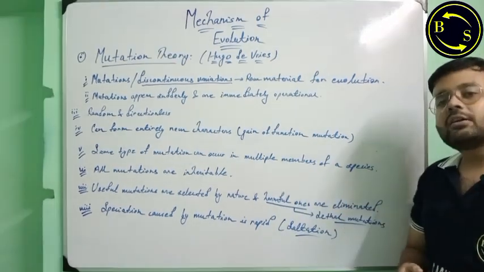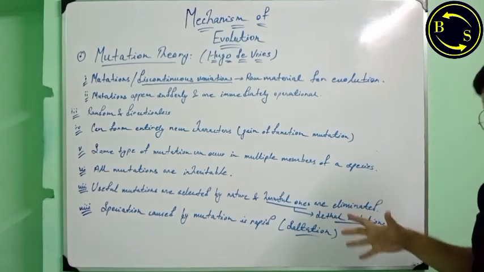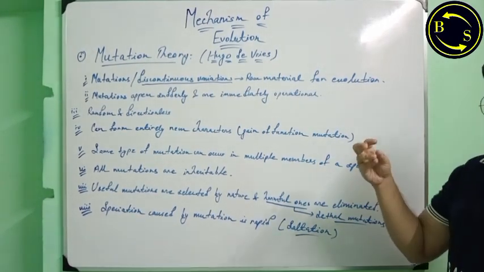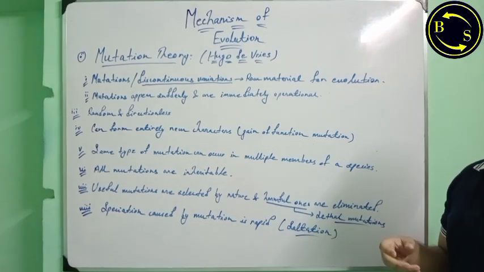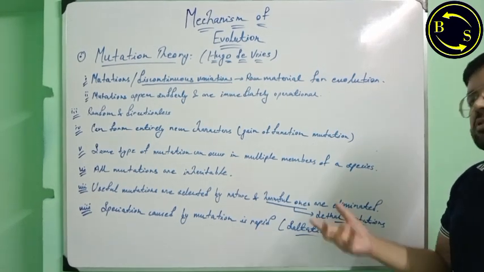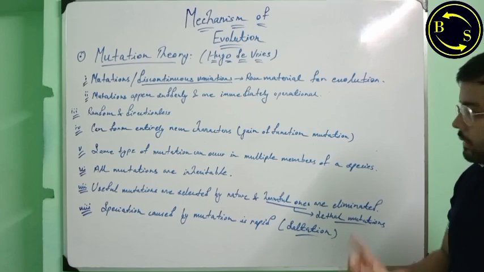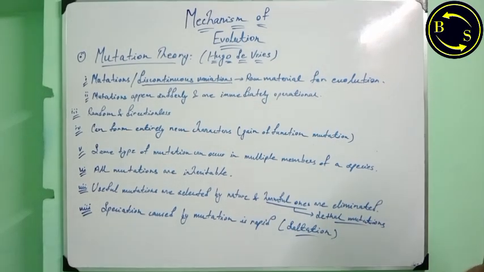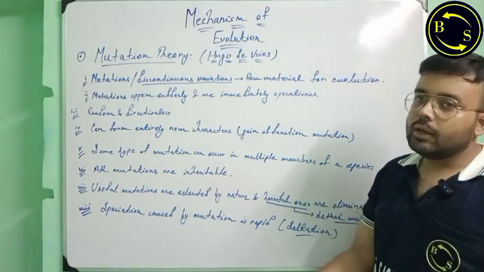But if a gain of function mutation results in the formation of a characteristic which creates a handicap for an organism to survive in its environment, that mutation will not be selected, will not be conserved and will not be carried forward to the next generation.